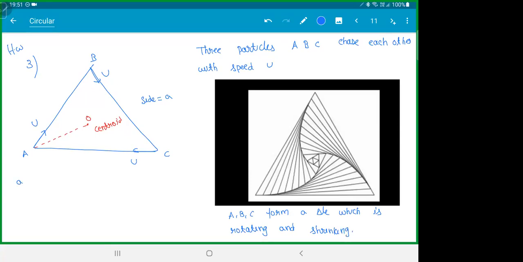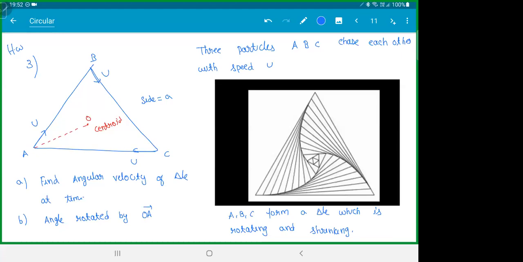So the first question, find angular velocity of the triangle. The triangle is rotating, so that also has omega. Find angular velocity of the triangle at time t. Angle rotated by the vector OA bar after time t.